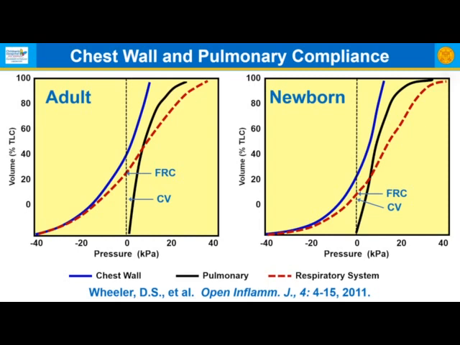In the newborn infant, you can see that the chest wall compliance is much more flaccid, if you will, or less stiff, and consequently, there's not as much outward recoil, and the FRC is in fact much lower than in the adult.